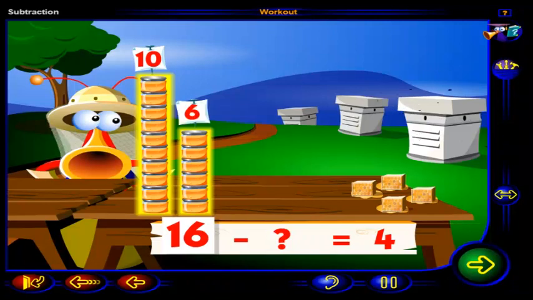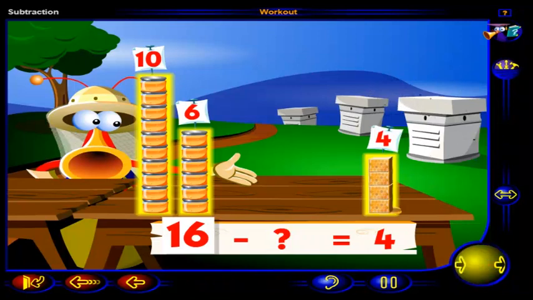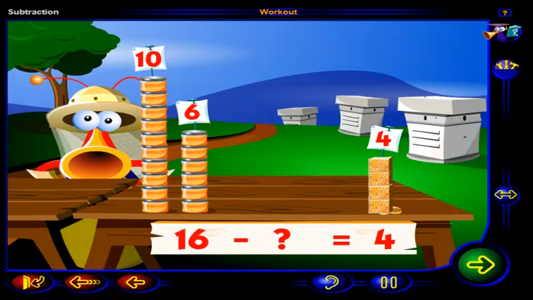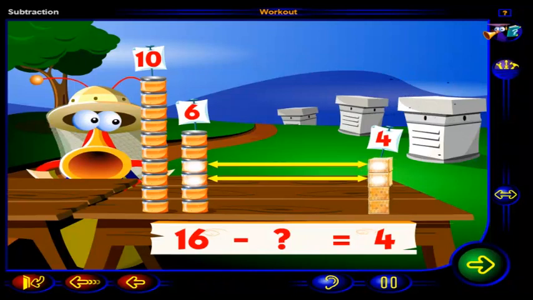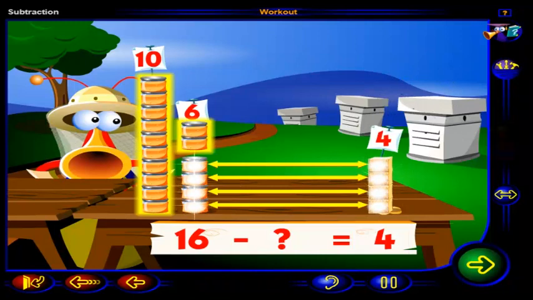And we can also stack these 4 honeycombs. Click on each honeycomb. There are 4 honeycombs, but more than 4 jars of honey.